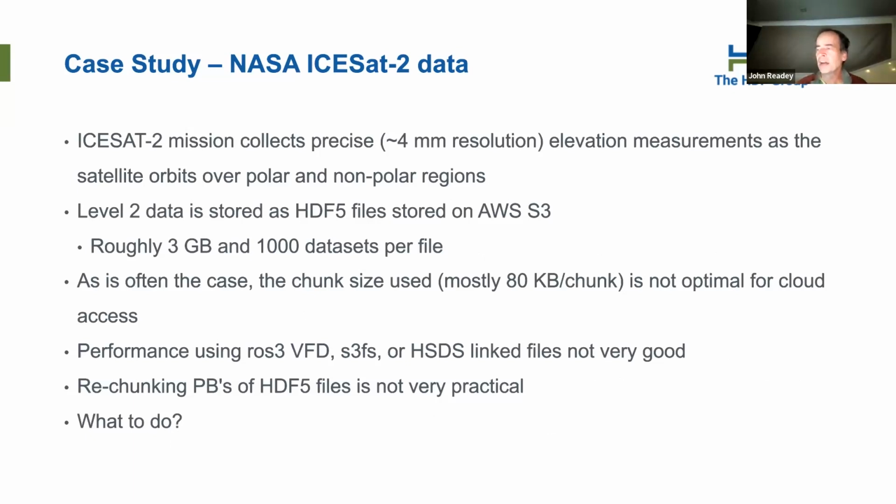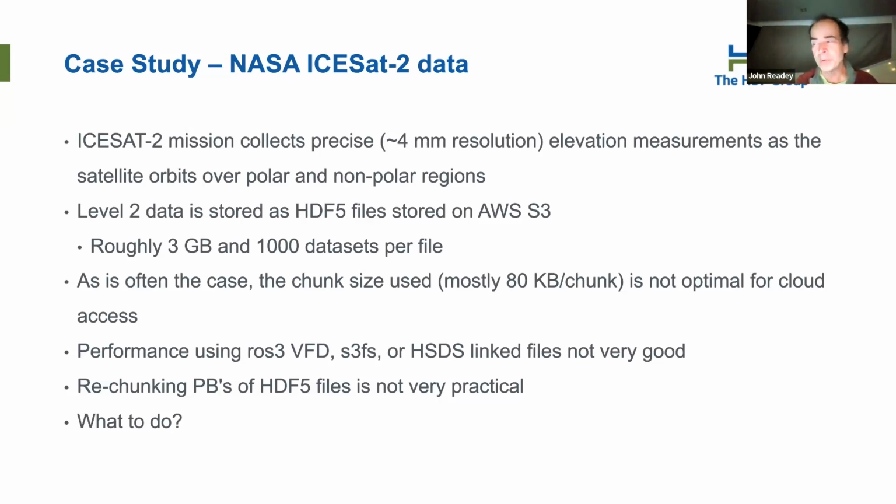And now I want to transition to looking at a case study. We looked at the NASA ICESat-2 dataset, a NASA mission that collects elevation measurements. We talked about the importance of large chunk size, but the ICESat-2 files have a fairly small chunk size, 80 kilobytes. Now you could say, why don't I just repack all those files?